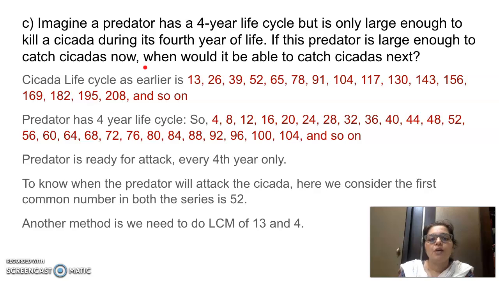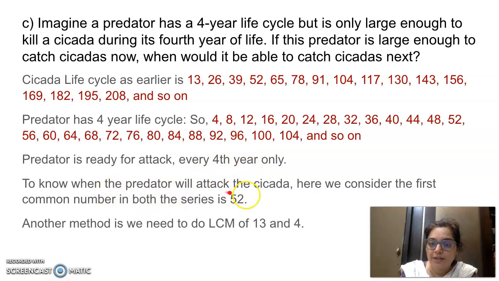Okay, now let's come back. Again, the cicada life cycle is 13, multiples of 13. The predator now has a 4-year life cycle. Earlier, the predator had a 3-year life cycle. Now it has 4. And the predator is ready for attack every 4th year only.